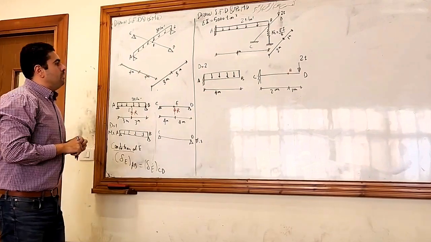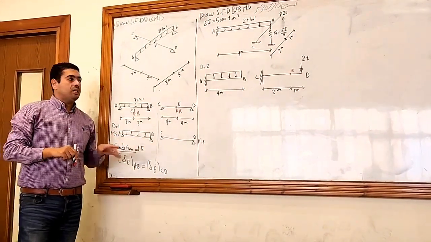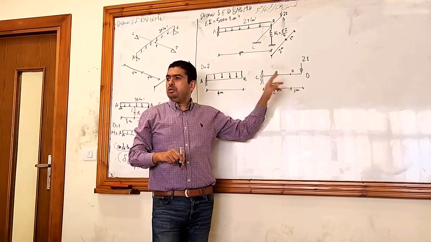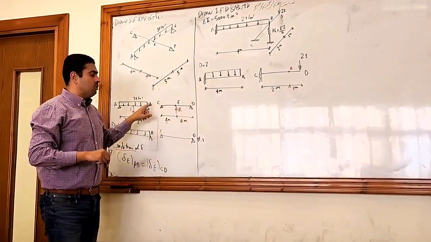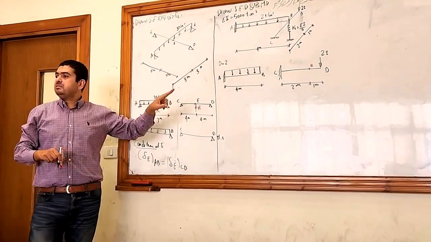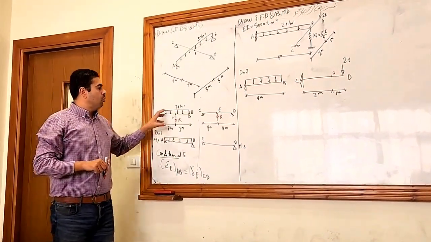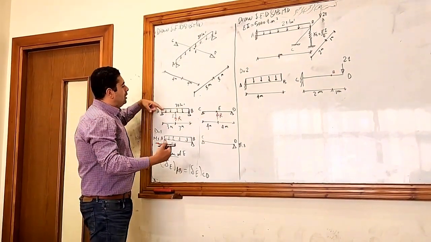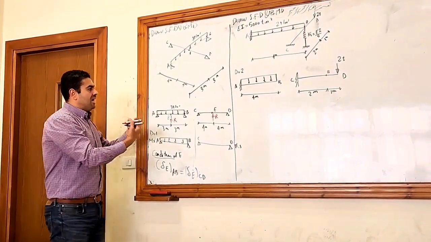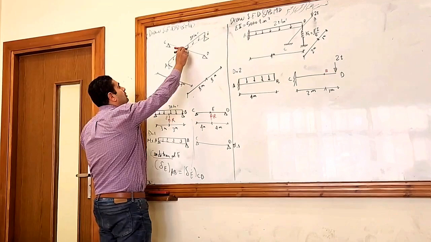If there wasn't a spring, what would the reaction be? R and R. There were only 2 partners, AB and CD. When we take the 2 beams and intersect them again, was there any load at point E?